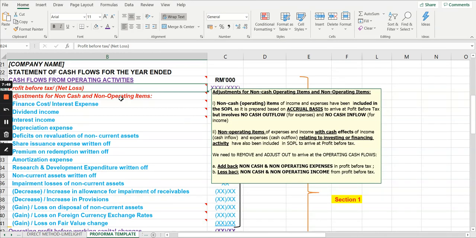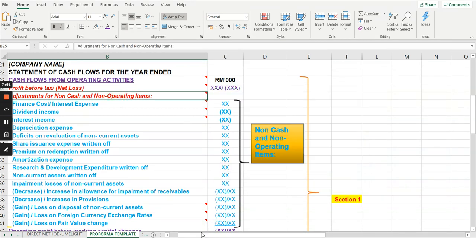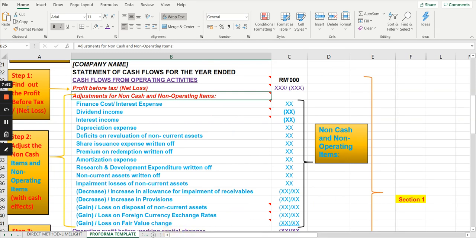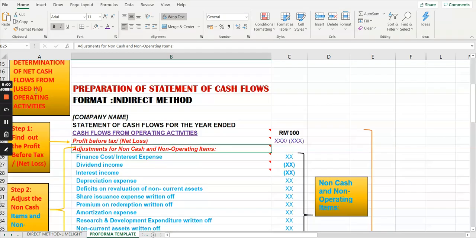Okay, after you have already done this, right, if you see what I put here, that was actually the first step, which is to find the profit before tax, the first step to find the net cash flow from or used in operating activities under the indirect method.